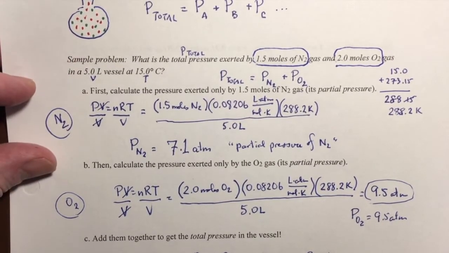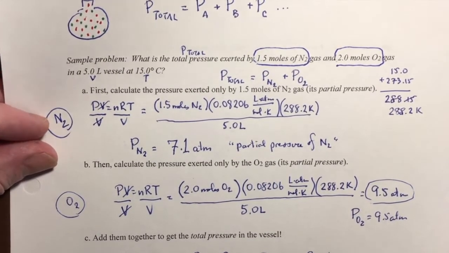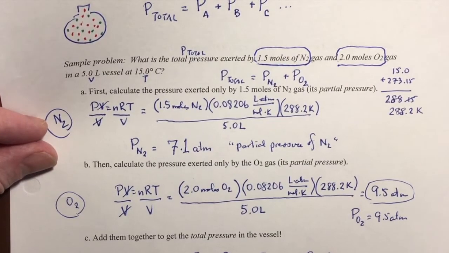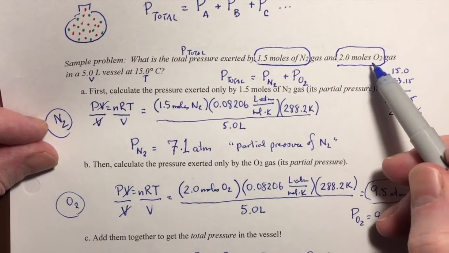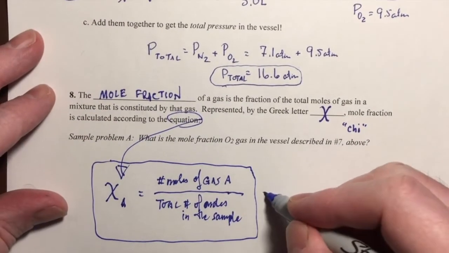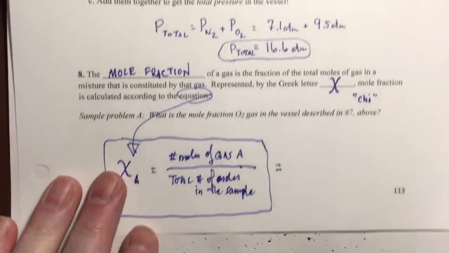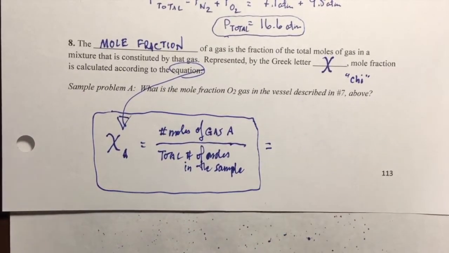So those are the individual molar amounts. With those two individual molar amounts, I would like for you now to calculate the mole fraction of just the oxygen. Take a moment, finish that, get your answer, and come back when you're done and I'll review that.